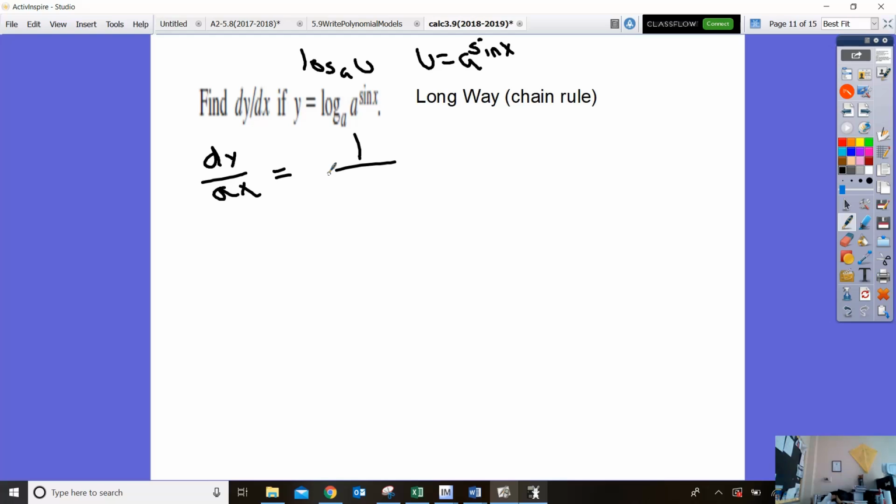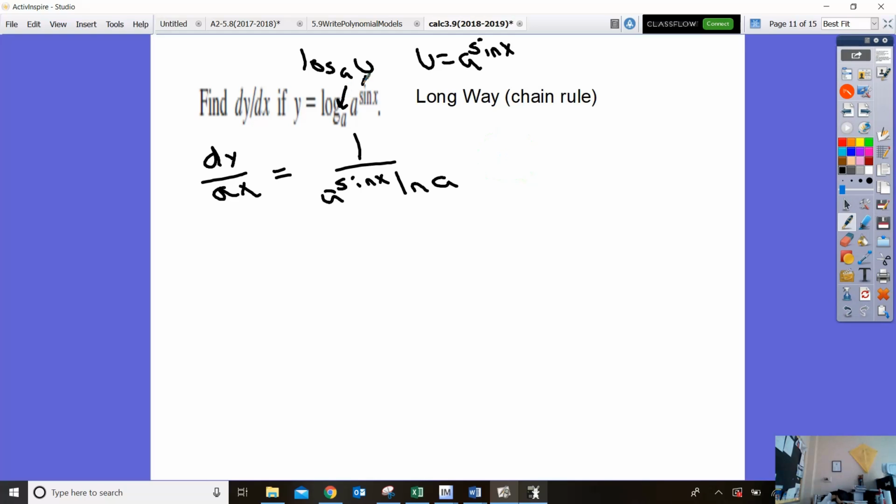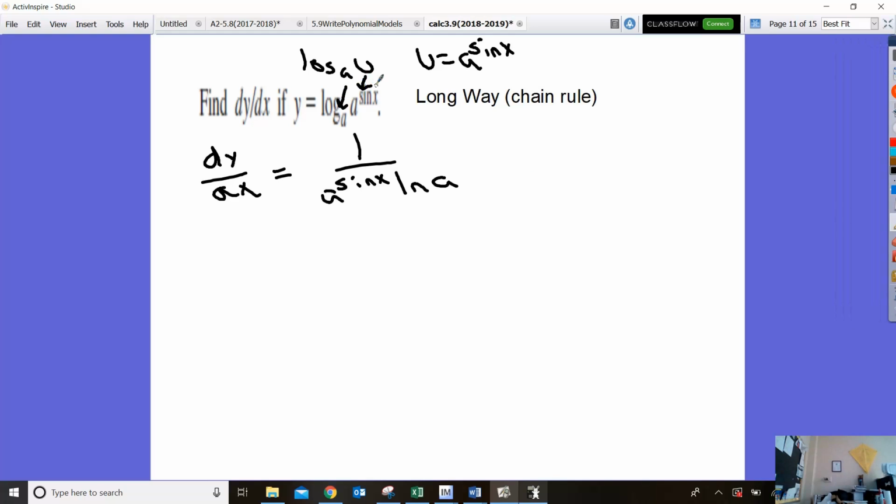Okay. So 1 over u, which is a to the sine of x, natural log of a to the sine of x, times du.